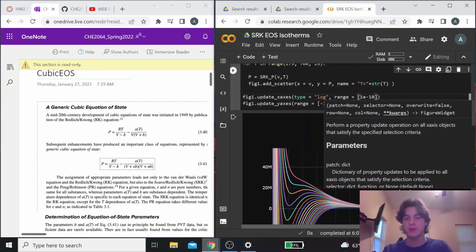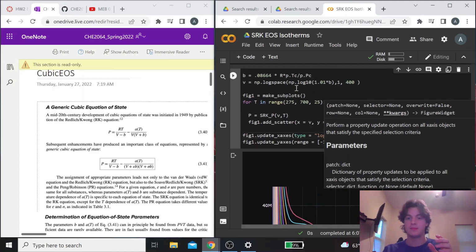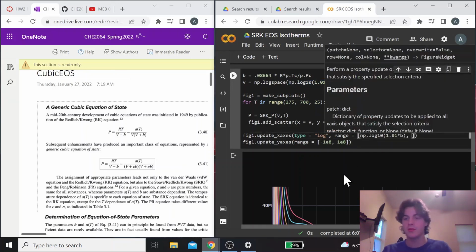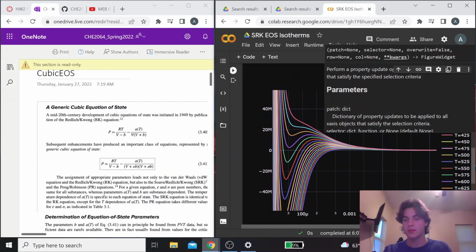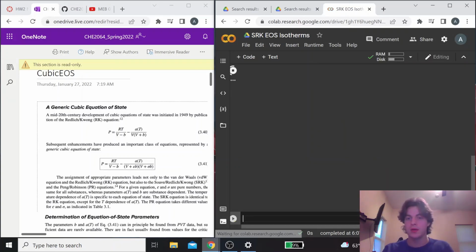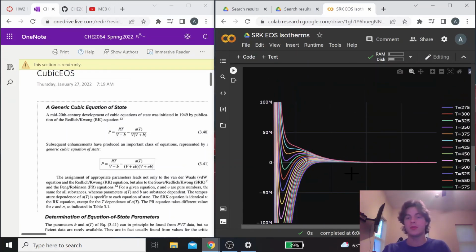We'll try this. And actually, we know our starting point, which is right here. And our ending point will go to, let's go to 0.1. We'll go to 0.01 and see how that looks. There we go. A little better, still not quite the best.